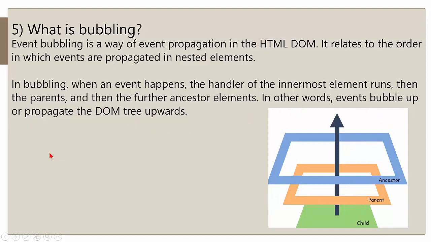In other words, events bubble up or propagate up the DOM tree. So starting with the element that was clicked or where the event was generated, the event gets propagated to the parent, then to the ancestor. So that is called bubbling. In simple words, the event goes up to the ancestor level, and that's called bubbling.